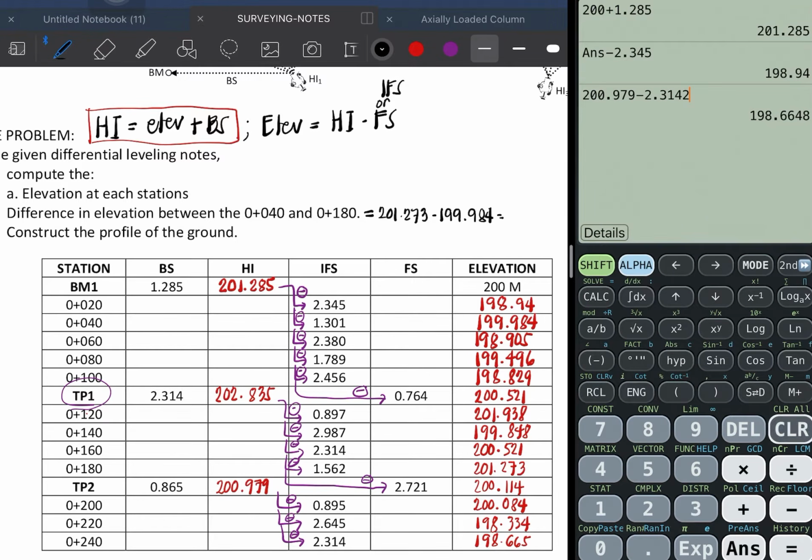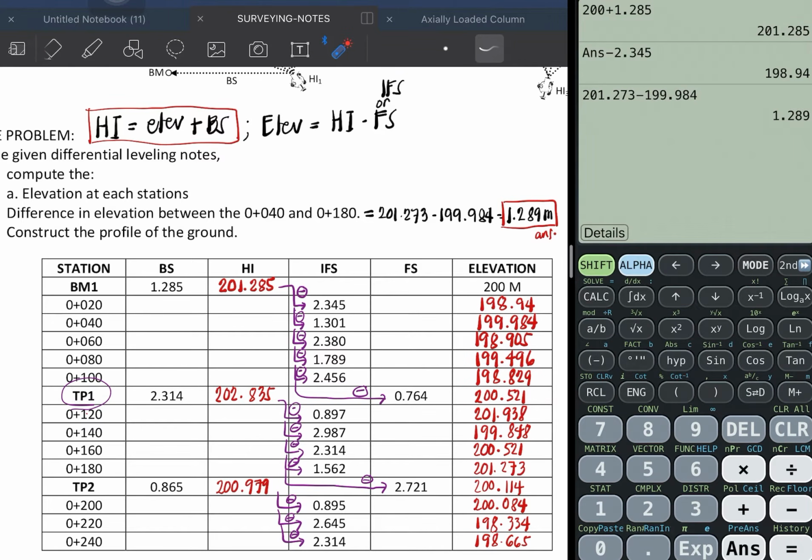So 201.273 minus 199.984, the difference in elevation is 1.289 meters. That's the answer.